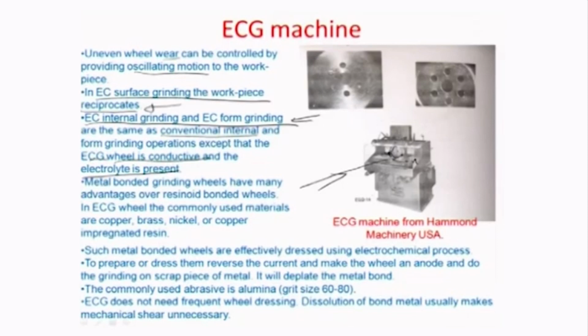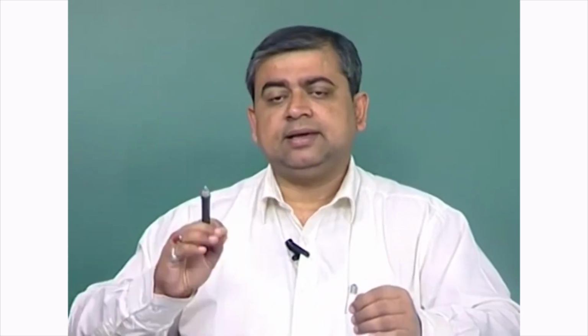There are some other associated benefits of the ECG process. One of them is that, as I told you, the ECG wheel is made up of metals. So instead of a resinoid combination with particles, you are actually having a metal wheel, making the metal of the wheel as the bond, okay, and the abrasive grain sticking out of that metal wheel.